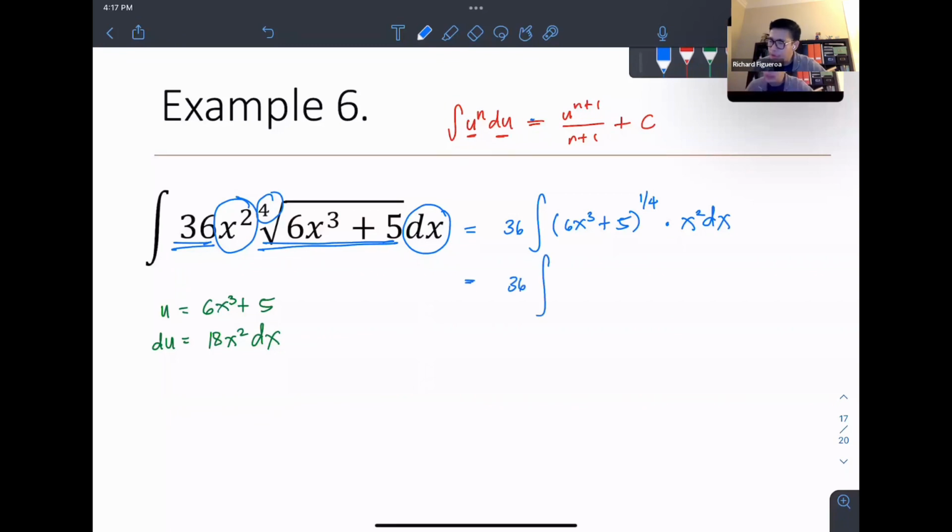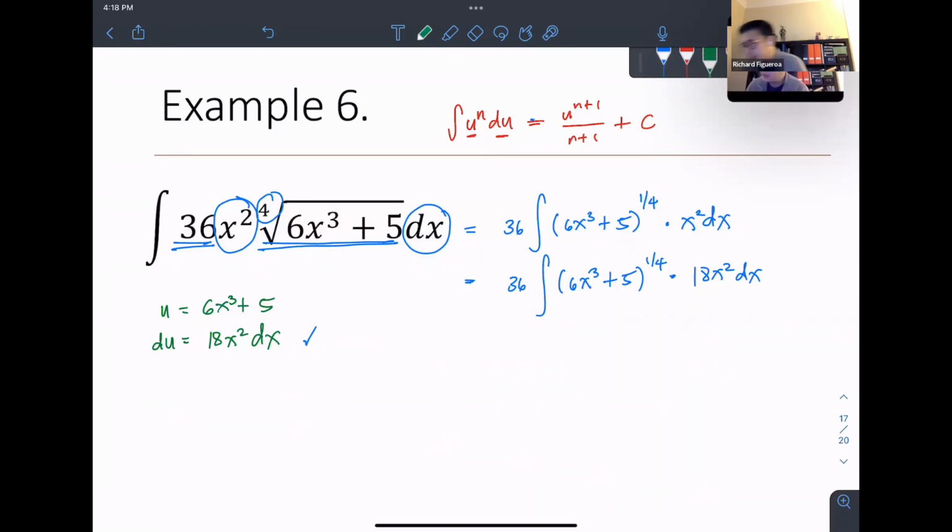We said it should be u to the n du. So u to the n is 6x cubed plus 5 raised to 1/4. And the derivative of 6x cubed plus 5 is 18x squared dx. The difference now is that something is in excess.